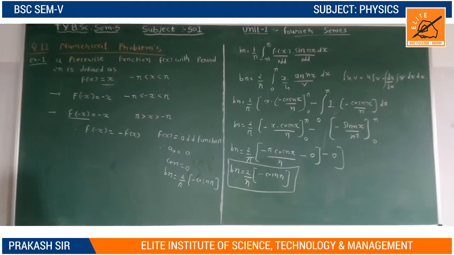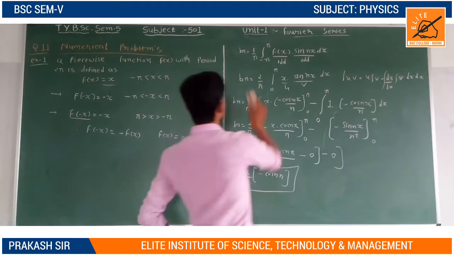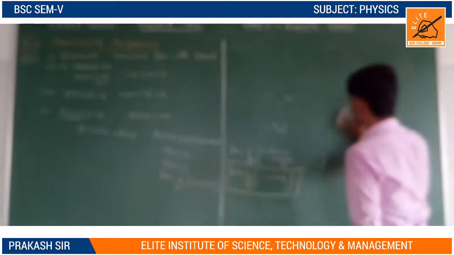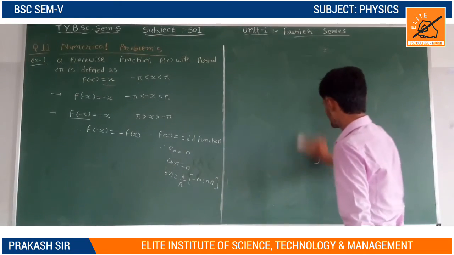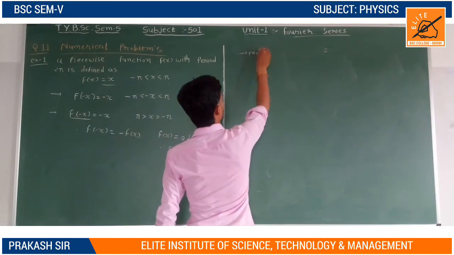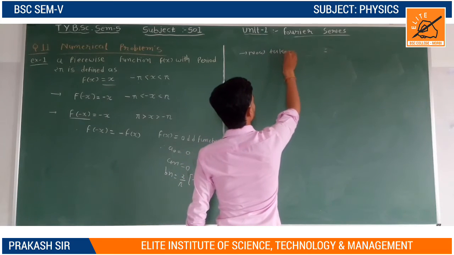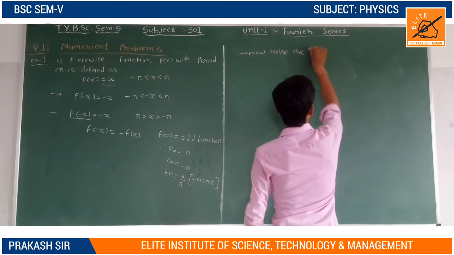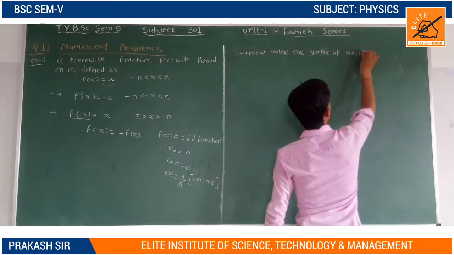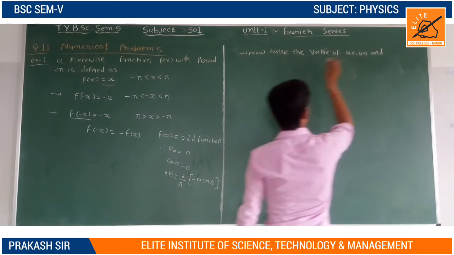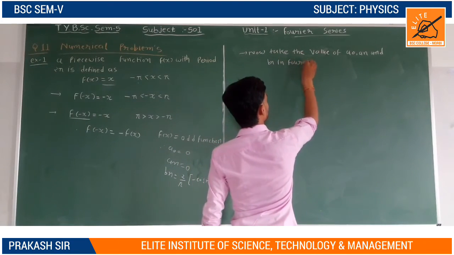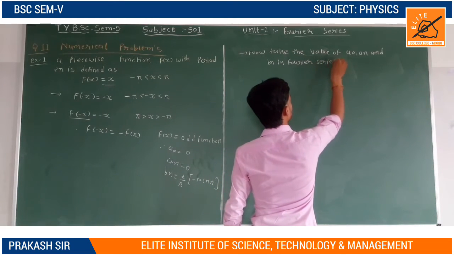Now take the values of a0, an and bn into the Fourier series.